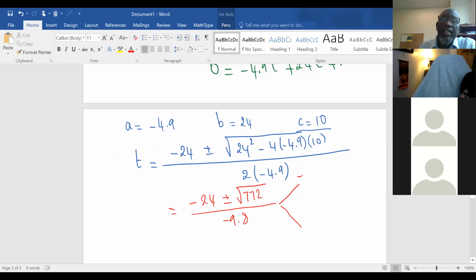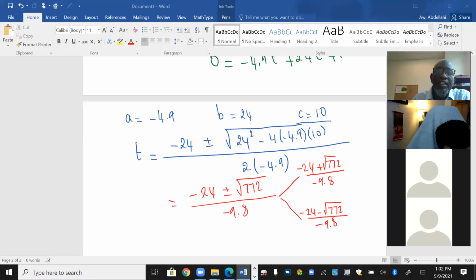The first one is negative 24 plus the square root of 772 divided by negative 9.8. And the second one is negative 24 minus the square root of 772 divided by negative 9.8.